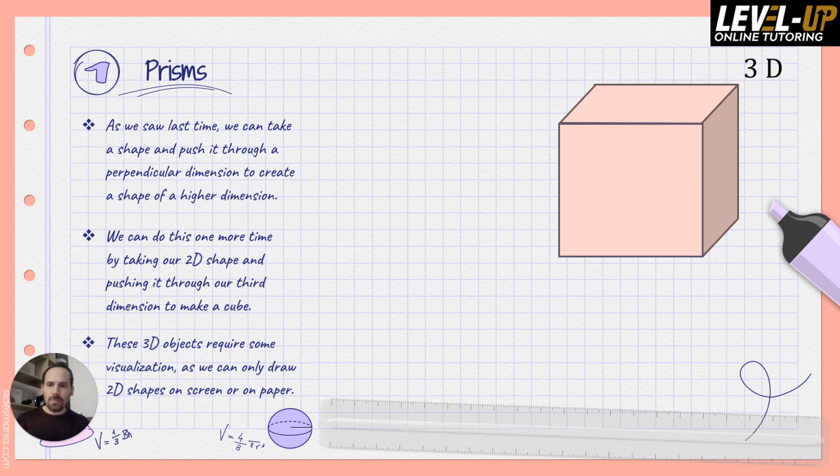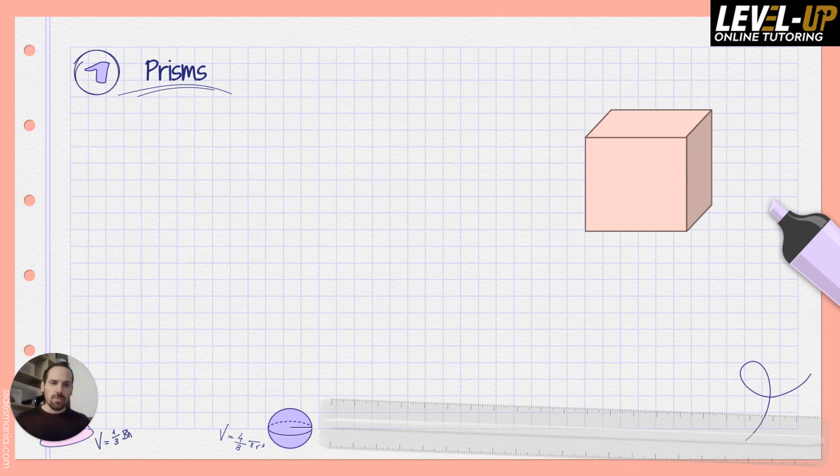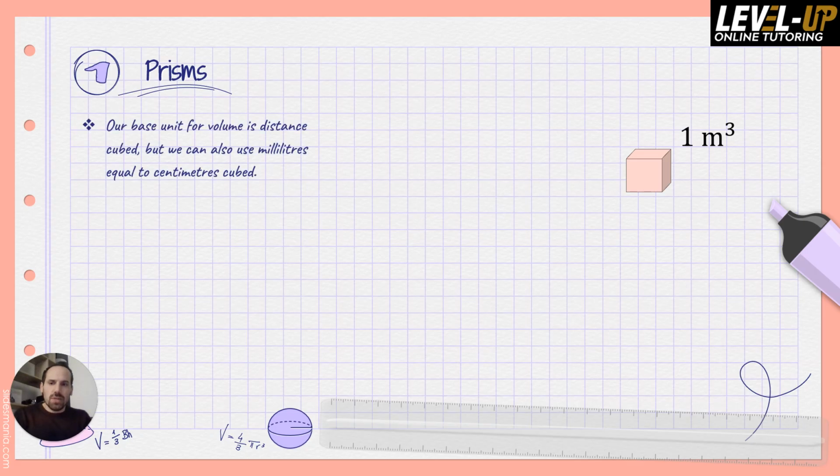And this takes a bit of imagination, pushing that square through the screen to create a three-dimensional cube here. Like I said, 3D shapes today are going to require a bit of visualization, but I've tried to make it as easy as possible. So this would be our standard unit for a volume.